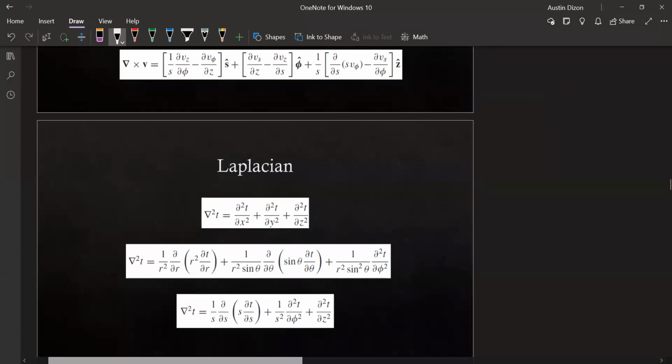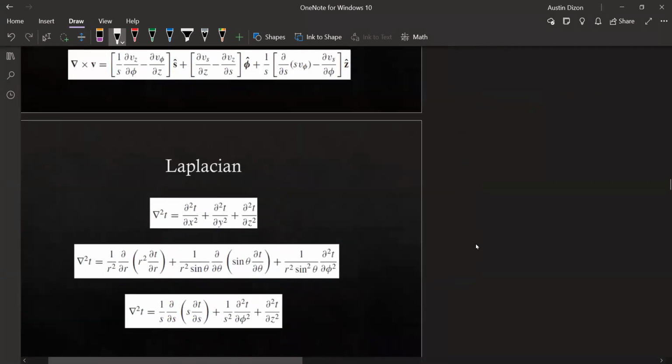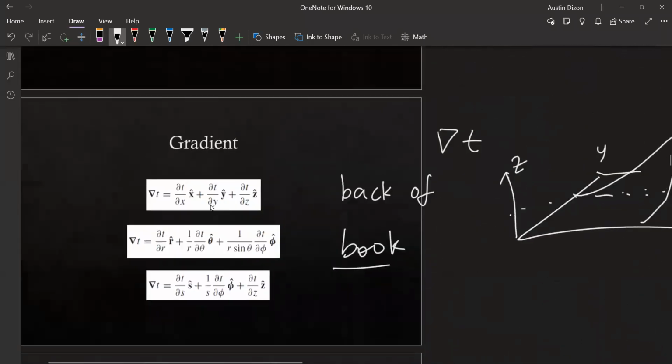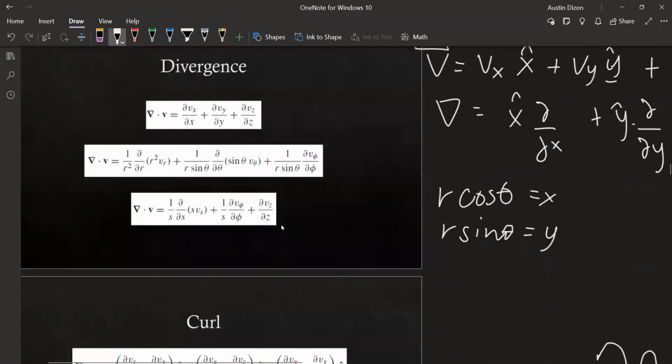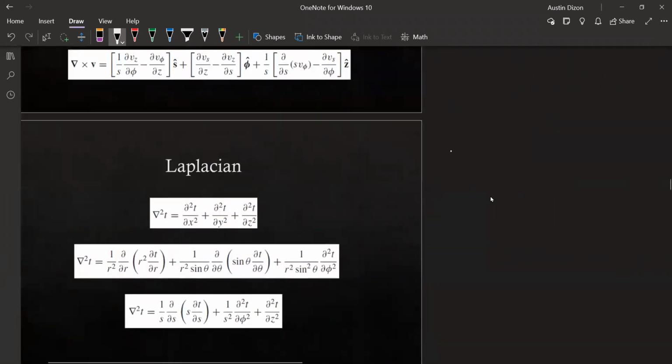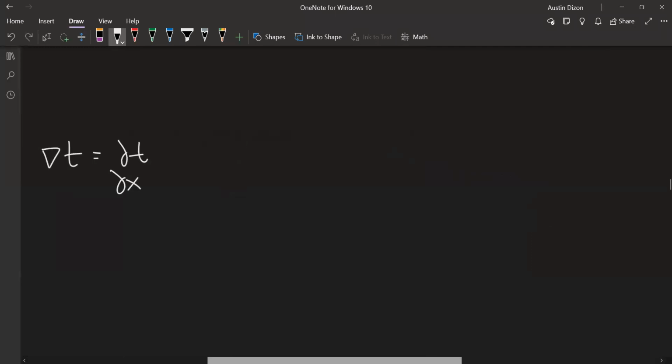Say we take del dot del t. The del t is the gradient of t. The gradient of t is just partial t, partial x.